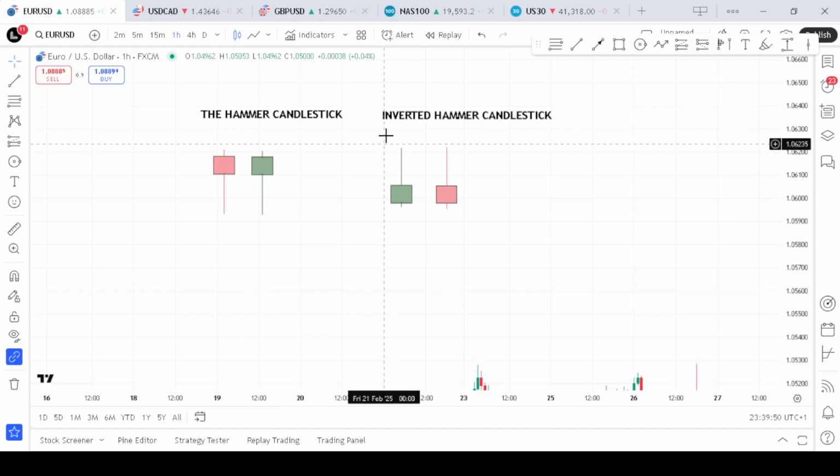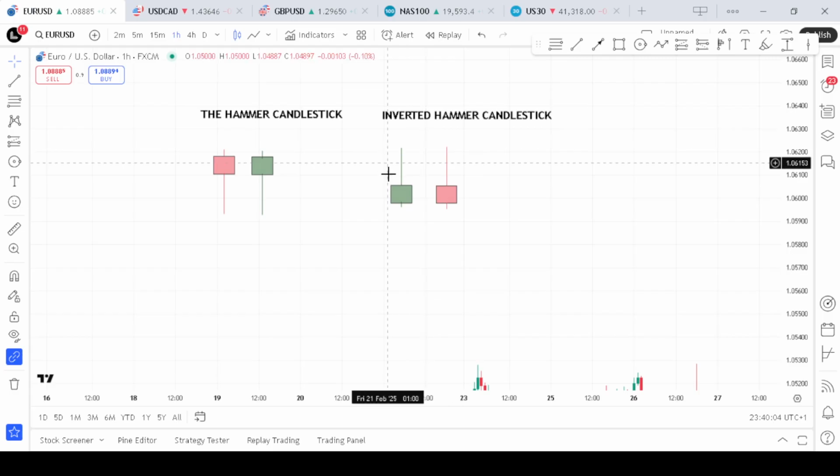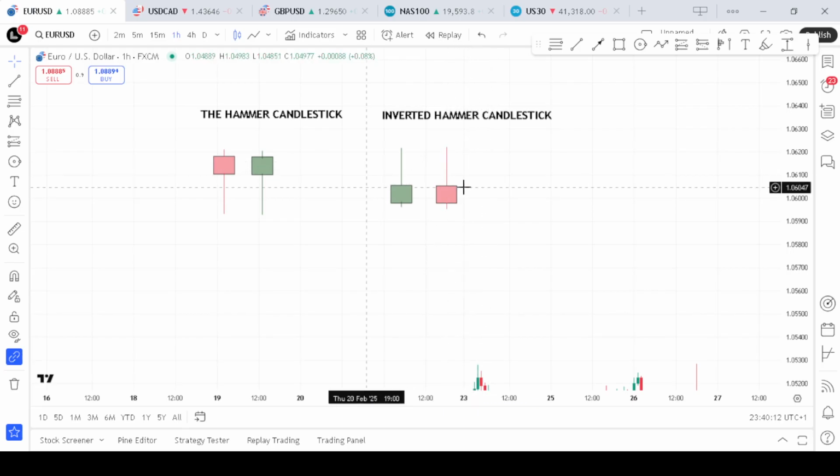While for the inverted hammer candlestick, while it is still useful, it may be seen as a less reliable pattern because it requires further confirmation to ensure that buyers are indeed taking control.